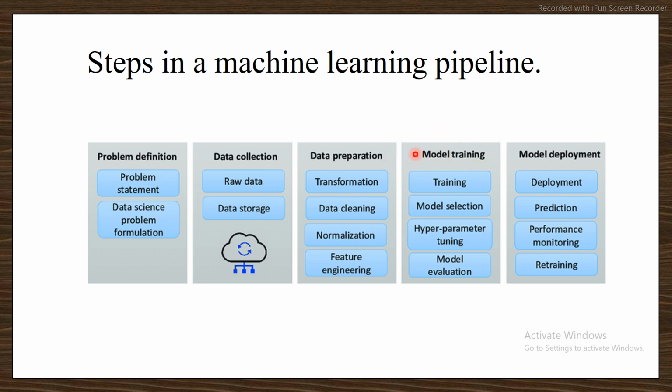The kind of machine learning algorithm you select, for example, if it is a classification problem, then you come up with classification algorithms, for example, logistic regression, support vector machine, decision tree, random forest.